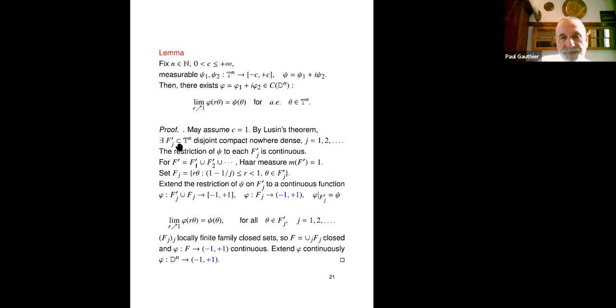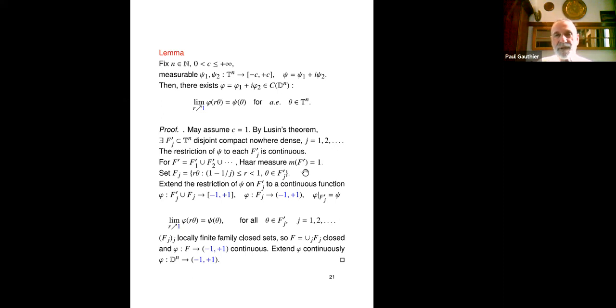So here's what we do. We have these subsets of the torus, which are compact and nowhere dense. And by Runge's theorem, we have these such that the restriction of psi to each of these sets is continuous. Careful, it's not psi that's continuous. Runge's theorem says the restriction is continuous. And then we consider the union of these.